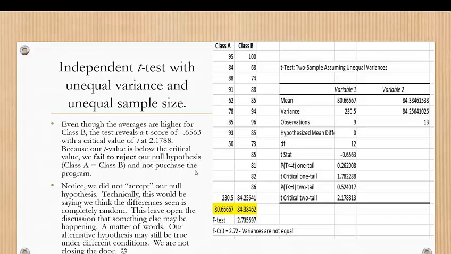Again, this is a matter of semantics, but as opposed to saying we accept that there is no difference, when we say we fail to reject it, we're saying we still believe somewhere in our minds that the alternative hypothesis may be true under different circumstances.